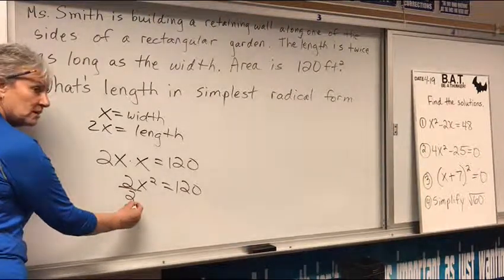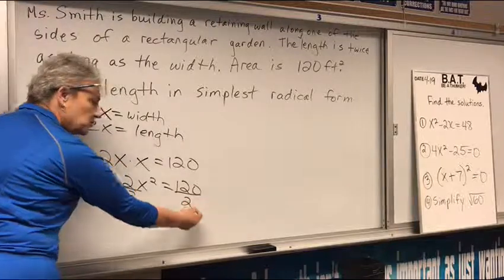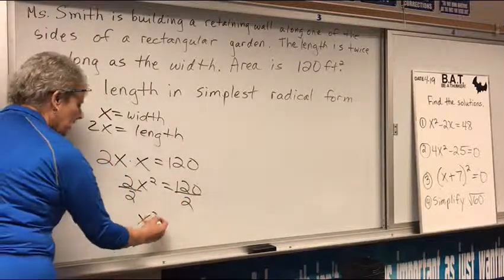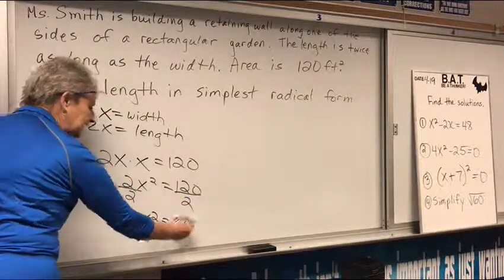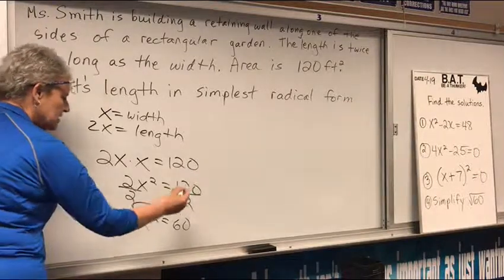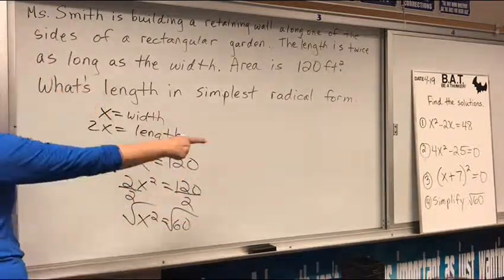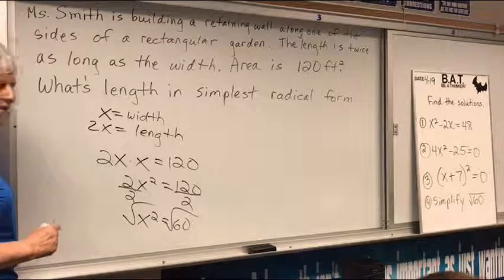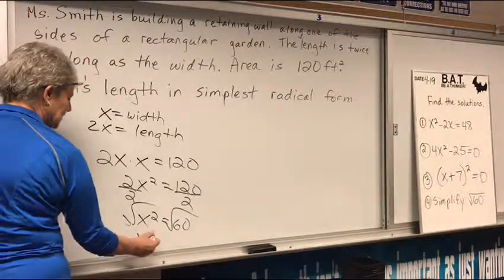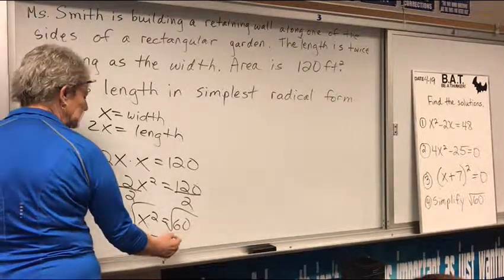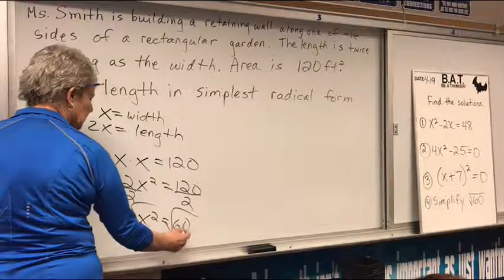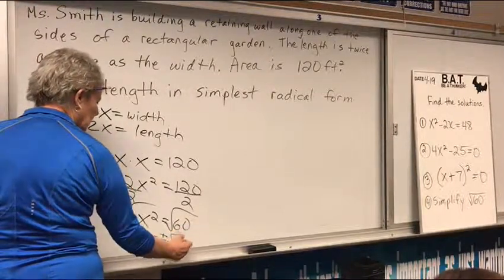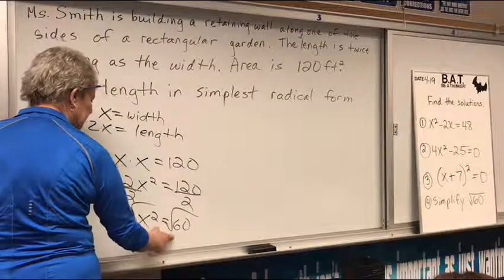Divide by 2. Divide by 2. X squared equals 60. Square root. Just simplified that on number 4 of the back. X equals plus or minus 2 radical 15.